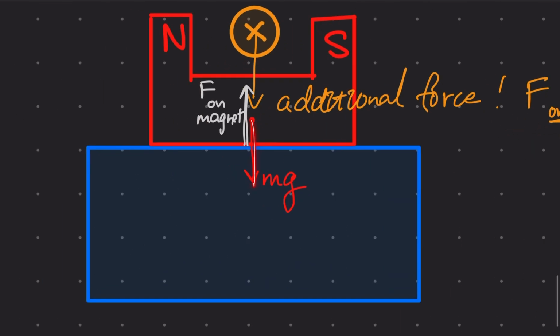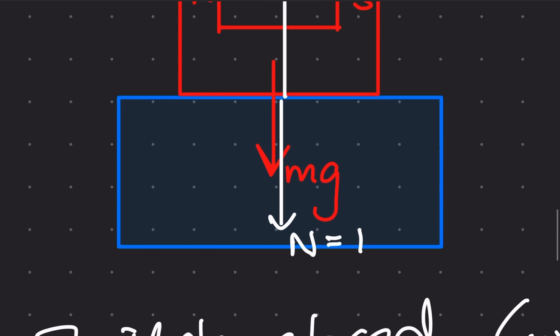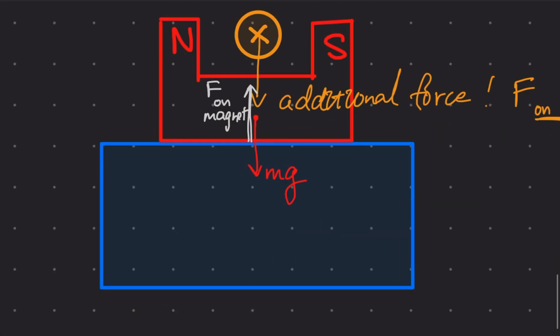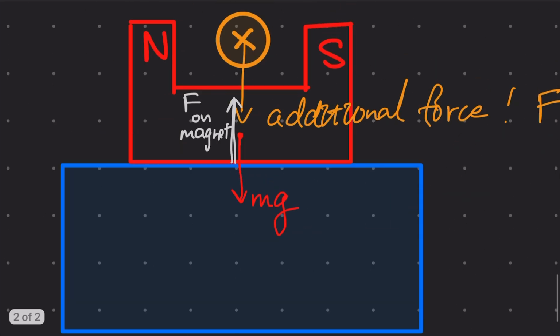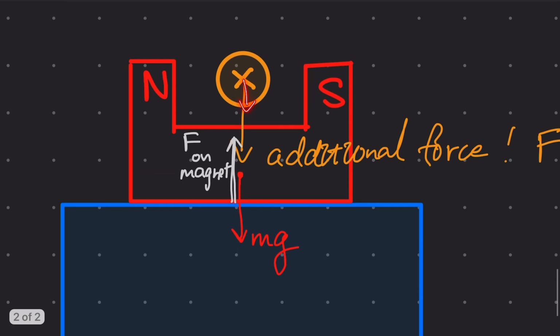We know that the magnet itself exerts a force onto the balance, which is its mg, its original weight, which is the same weight as before. However, now due to the attraction, as I've just said, we also have a force acting on the magnet that's bringing the magnet upwards by the wire.